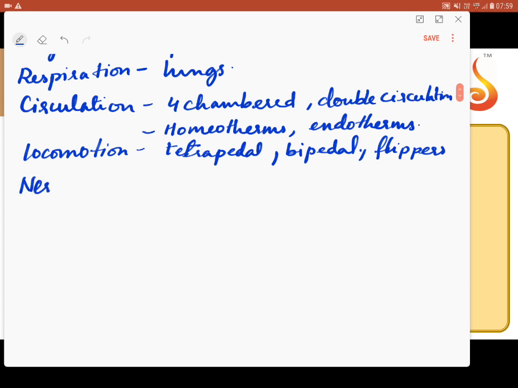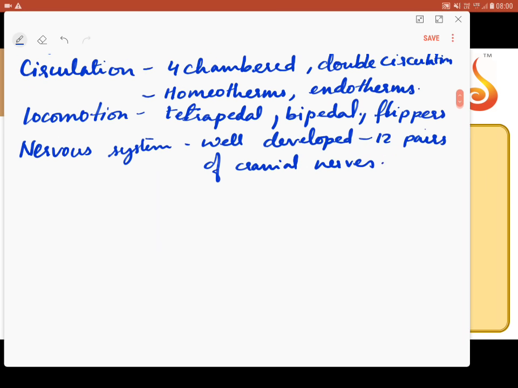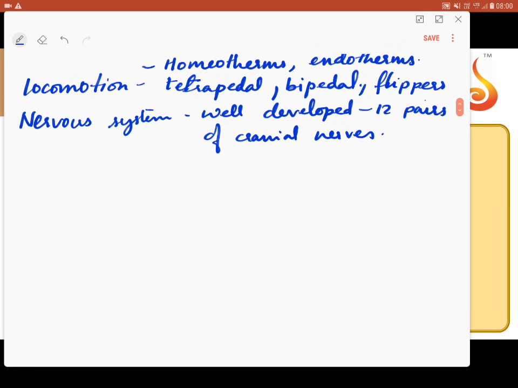Next comes the nervous system, well developed with 12 pairs of cranial nerves. Sense organs are also very well developed. Moving on to reproduction.